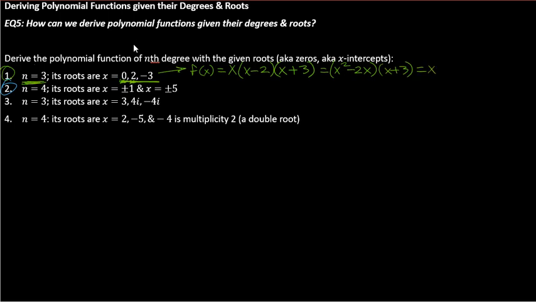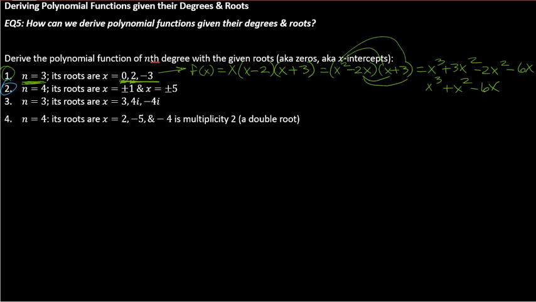So that's going to be x to the third, and this is going to be plus 3x squared minus 2x squared minus 6x. And that's going to leave me with my answer, x cubed plus x squared minus 6x.